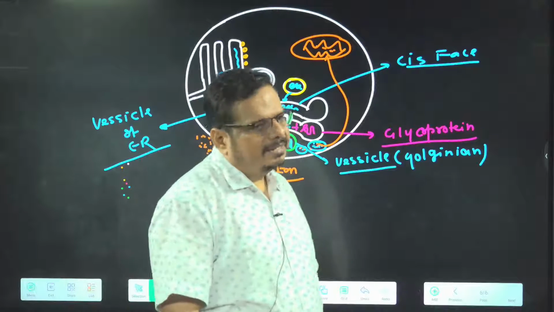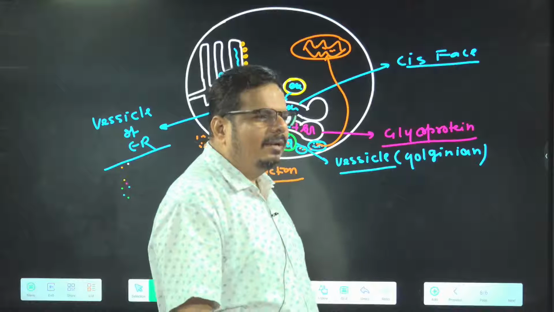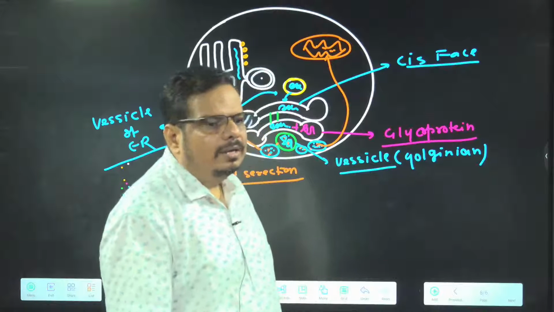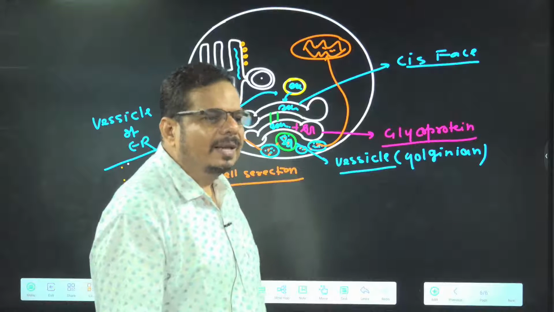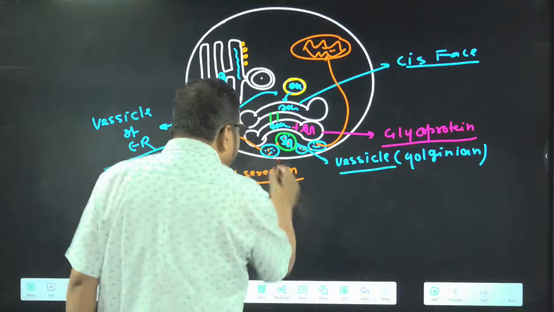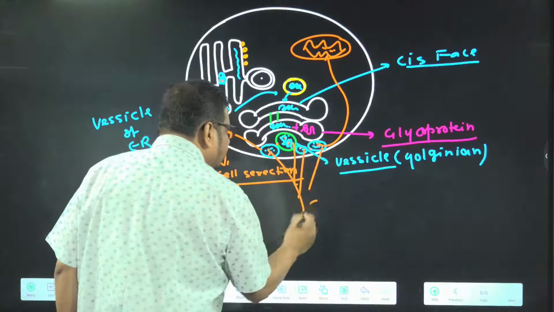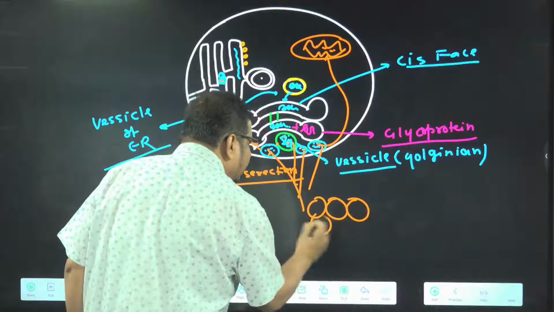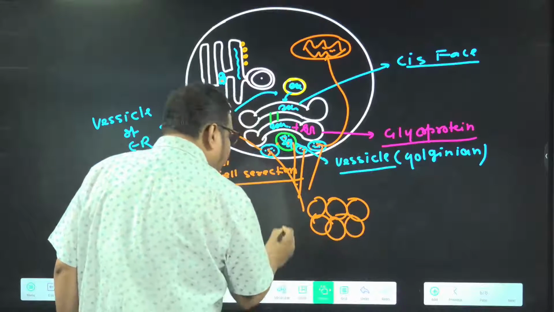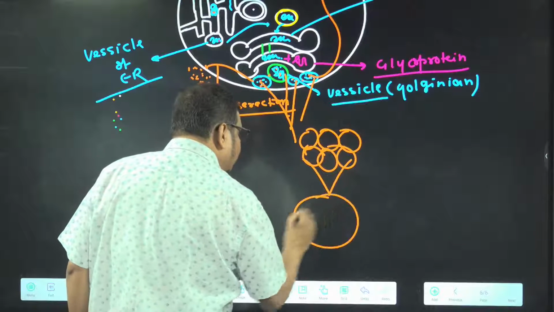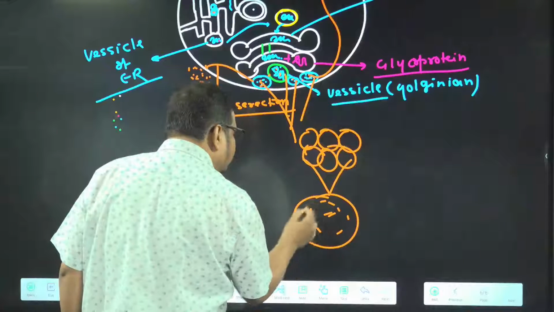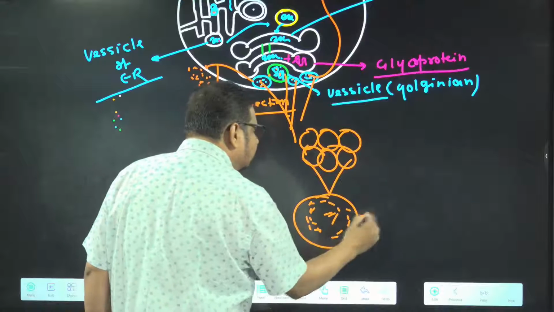Yes. Now I am telling in one line how lysosome is forming. Many vesicles fuse together. Many Golgian vesicles fuse together and form a structure that has many different types of enzymes. What basically?